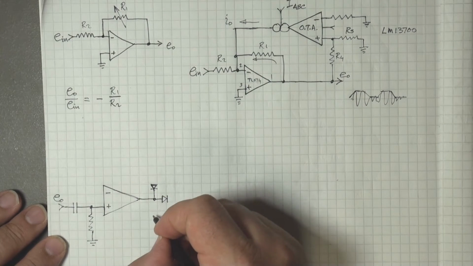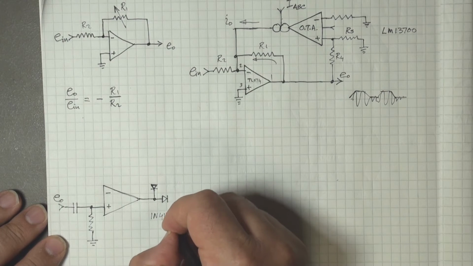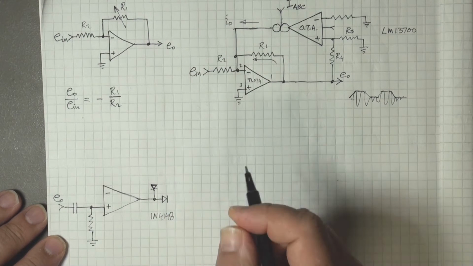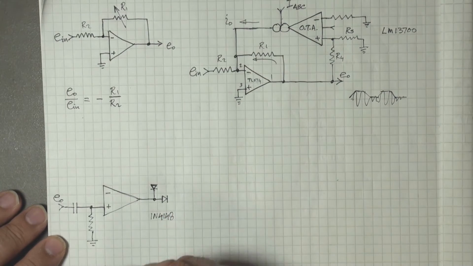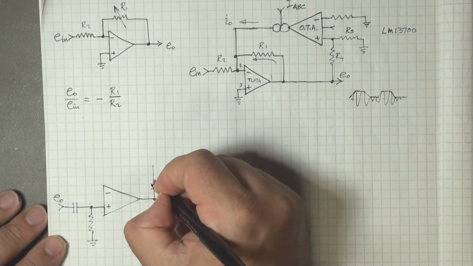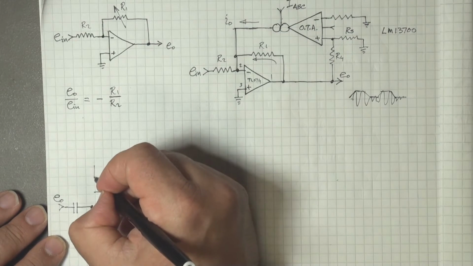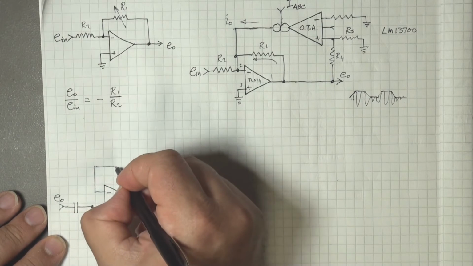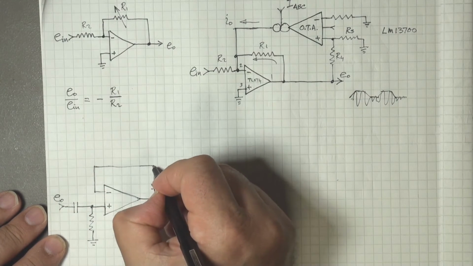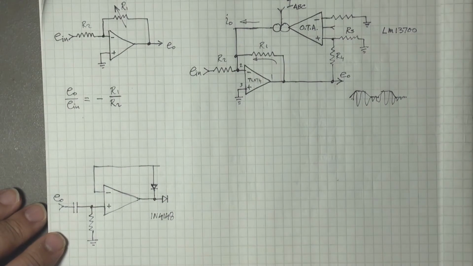The diodes I'm using are 1N4148 signal diodes. The pen is not cooperating very well. I think I have to get a new one.